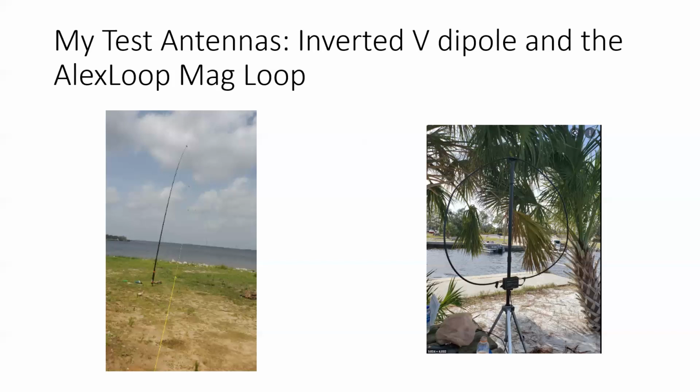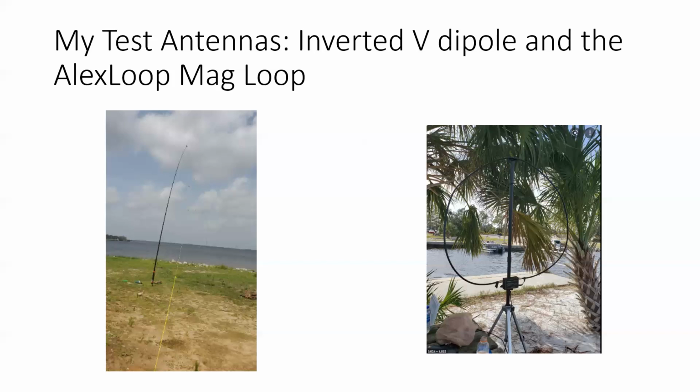What is the expected antenna pattern of a mag loop? Well, it is mildly directional, and the best reception is in the plane of the loop.